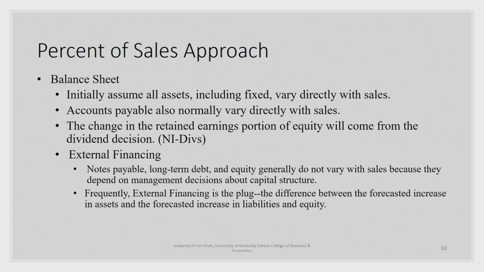On the right-hand side, it's a little more complicated. We usually assume that payables vary directly with sales. However, we have to calculate retained earnings independently. What I mean by that is we look at income, we subtract dividends, and the excess goes into retained earnings.